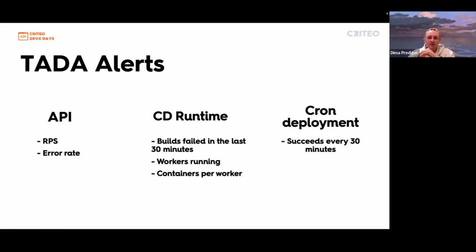And finally, we have several custom domain-based alerts, which are for the continuous delivery, continuous deployment system only. For example, we measure the amount of workers running. A worker is basically an image container.